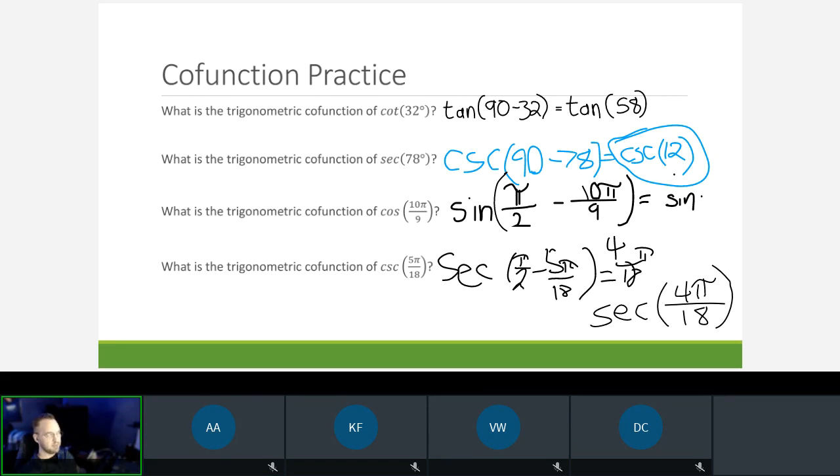Negative 11 pi over 18. Let me squeeze it in there for you, since it is hard to write in Neuro. Sine of, you said, negative 11 pi over 18. You got 2/9 for which one, Emily?